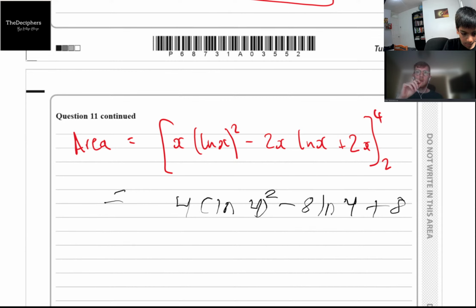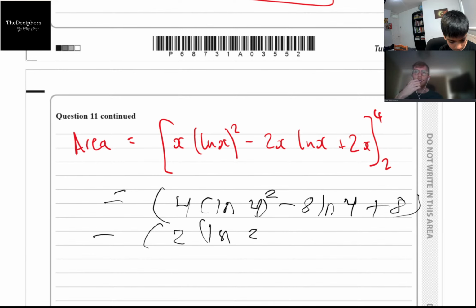That minus 2 ln 2 squared minus 4 ln 2 plus 4.